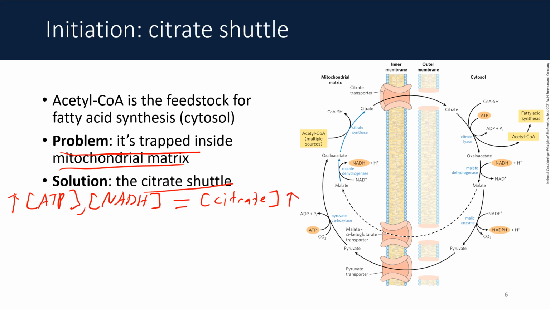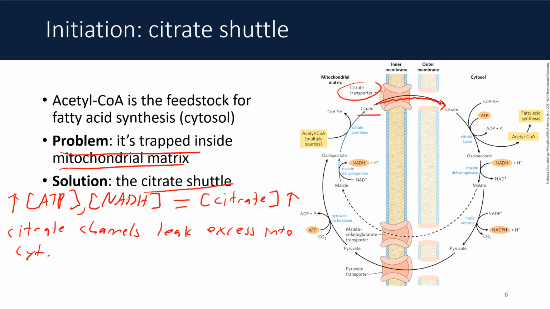Now, citrate can cross both mitochondrial membranes thanks to certain citrate transporter proteins. So citrate channels leak excess citrate into the cytosol. And out here in the cytosol, there is another enzyme called citrate lyase.